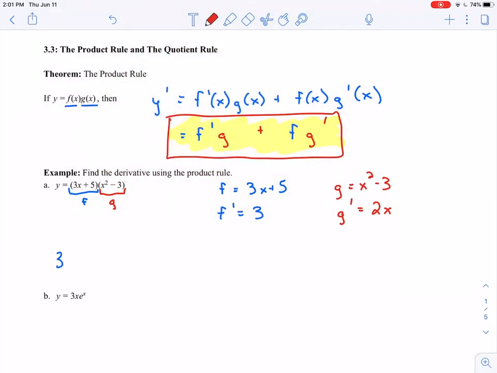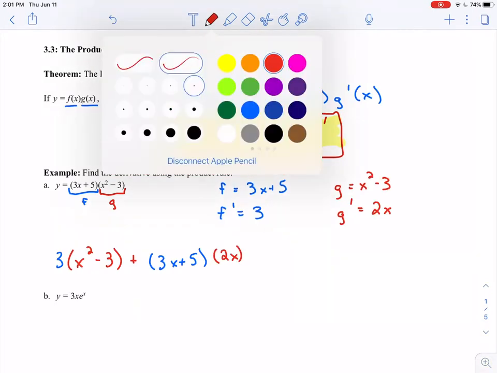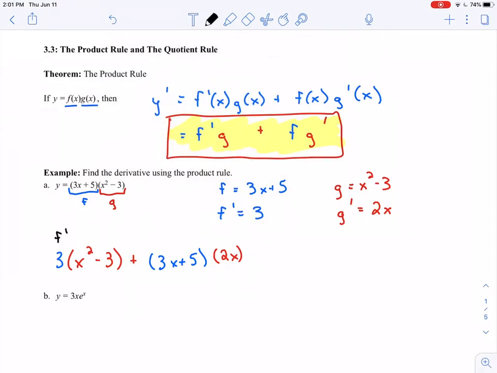G is x squared minus 3, plus f, I'll have 3x plus 5 times g prime. G prime is 2x here. So what I have, I've got f prime times g plus f times g prime. I'm just utilizing this formula here.